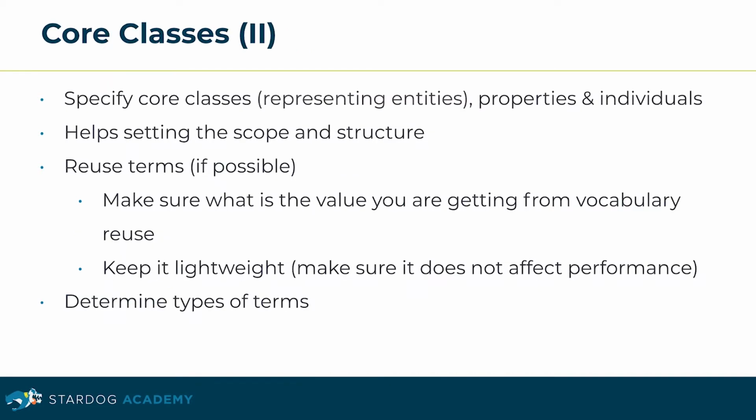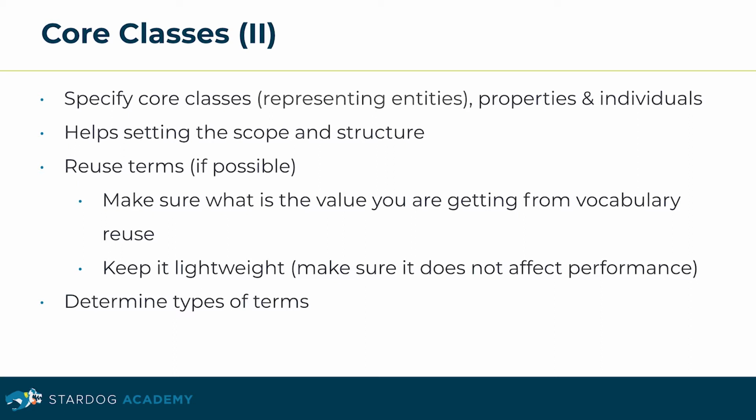So in the second step of our development process for the model, we should try to specify core classes. These represent our key entities, and we should also try to define the related properties and individuals. All of these definitions help us set the scope and structure of our model.